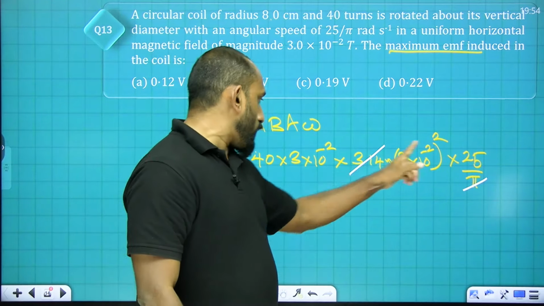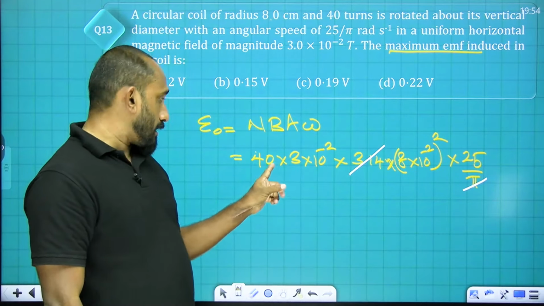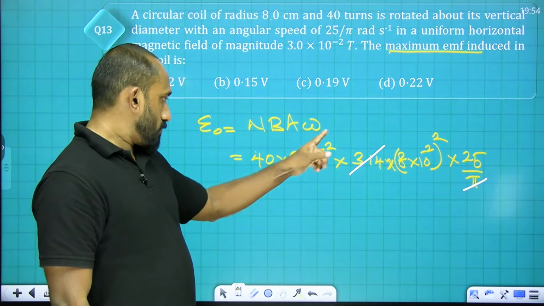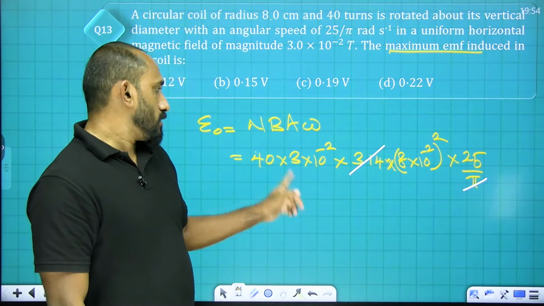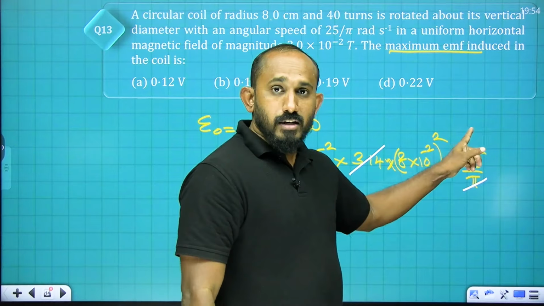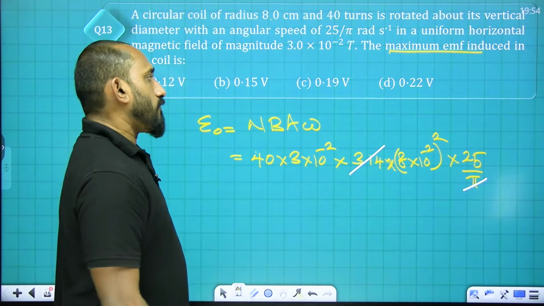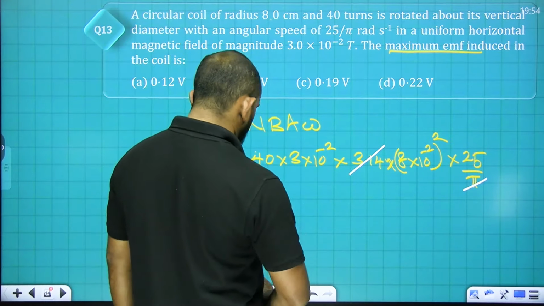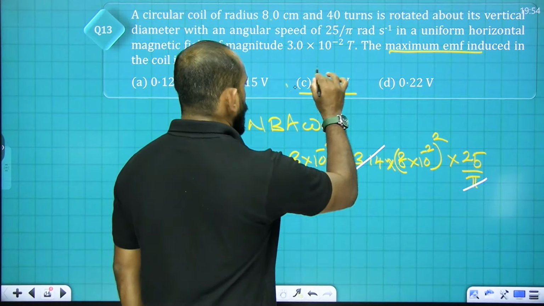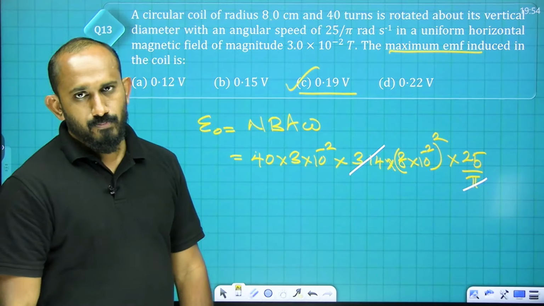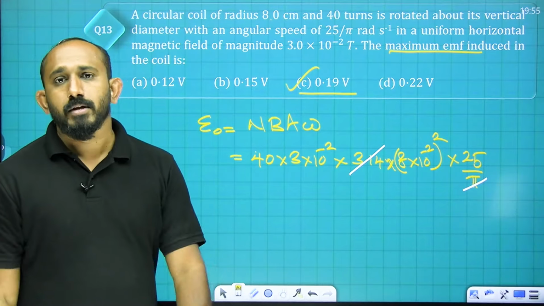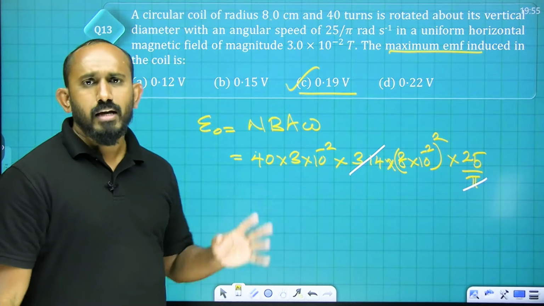So 25 into 4 is 100, so 1000 you are getting here. 10 raised to 3 cancels, 10 raised to 1 comes. Then 10 raised to minus 2 square is 10 raised to minus 4. If you cancel it, the final answer you get is option C, 0.19 volt. So 0.19 volt will be the answer. Okay, so direct substitution only and multiply it.